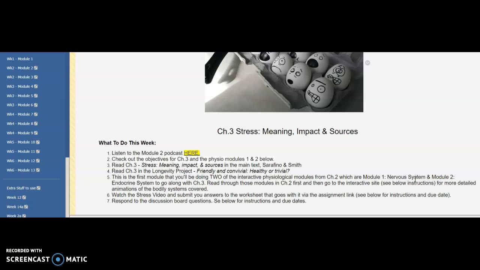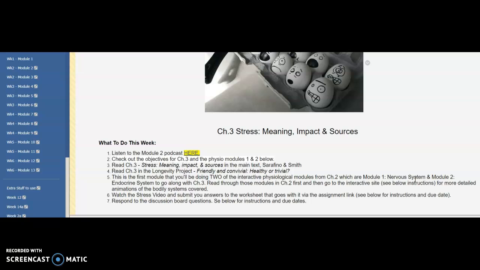And then we'll also be covering chapter 3 in the Longevity Project. By now you've been acquainted with the Termites and what the Longevity Project is all about, who's being studied, who these subjects were over decades. And now you're going to start diving into different aspects of personality and how it affects health.